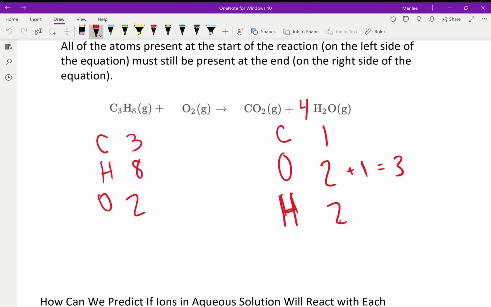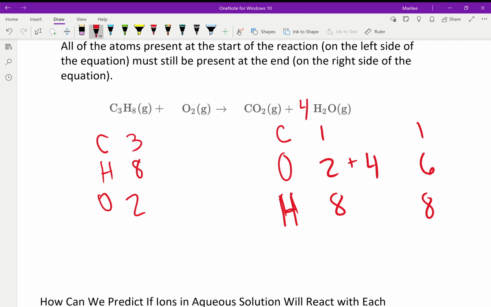So carbon we have 1, oxygen we have 2, hydrogen we have 4 times 2 is 8, and then 4 times 1 is 4. So this will give us 1, 6, and 8. So our hydrogens match, right? Our oxygens don't, our carbons don't.